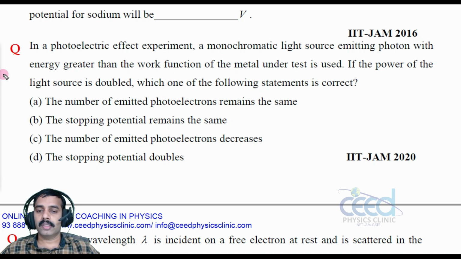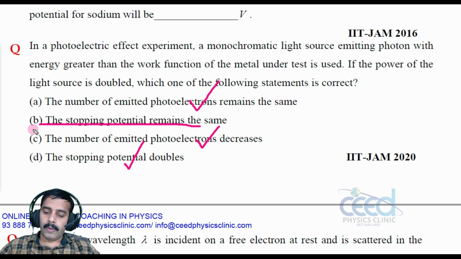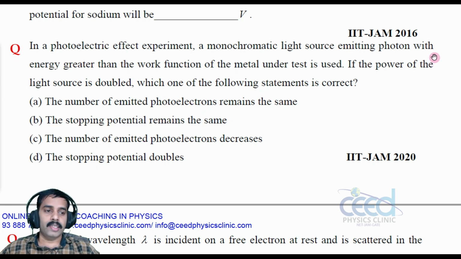Intensity increases means if power doubles, the number of photons doubles. But the stopping potential is only a function of frequency, right? So the stopping potential remains the same, but the number of emitted electrons will double. So it is not decreasing, and the statement that the stopping potential doubles is not correct. So the only correct option is B, right? Stopping potential remains unchanged.